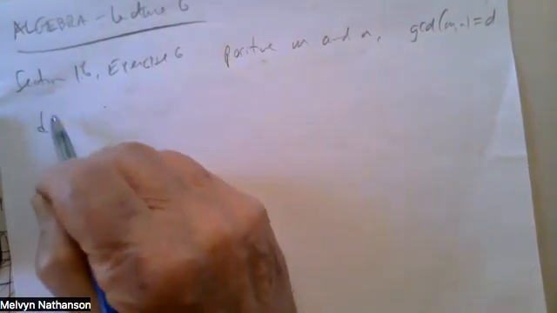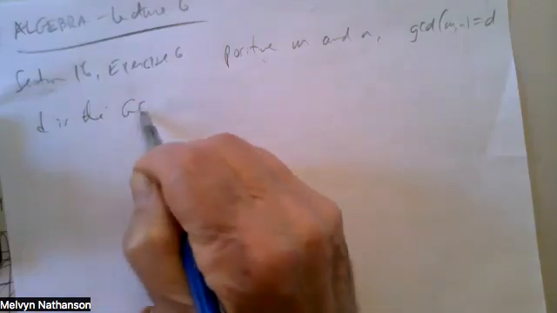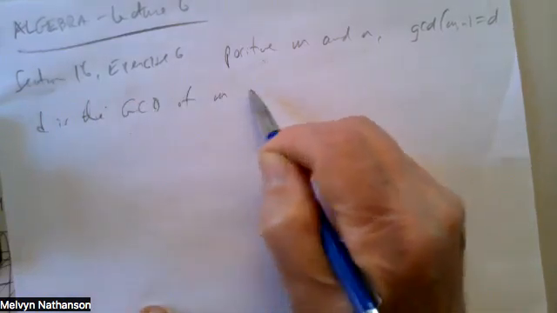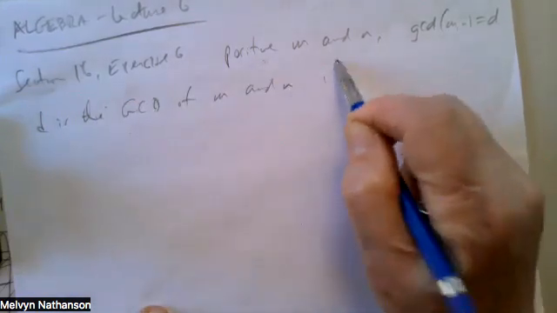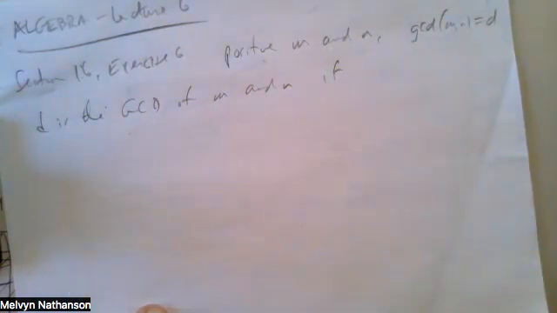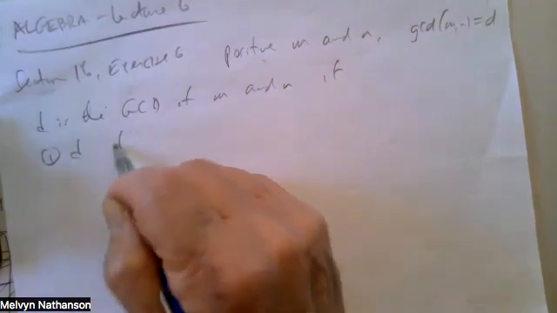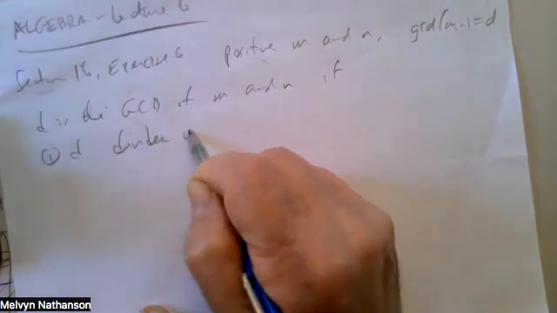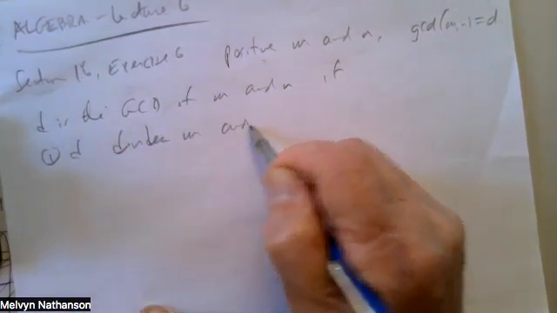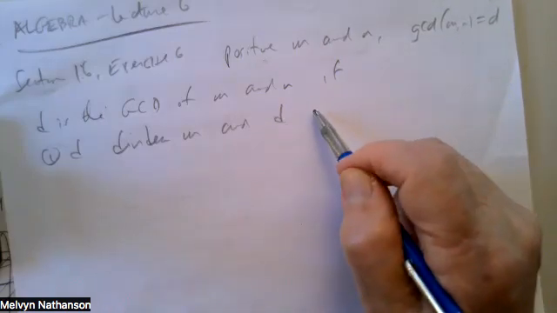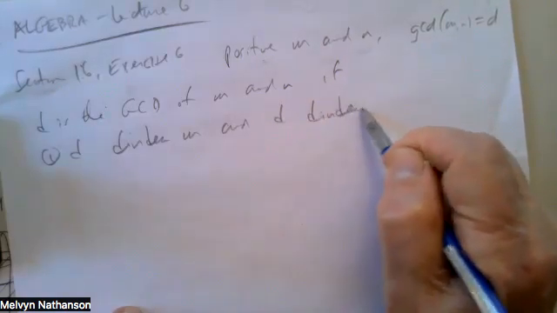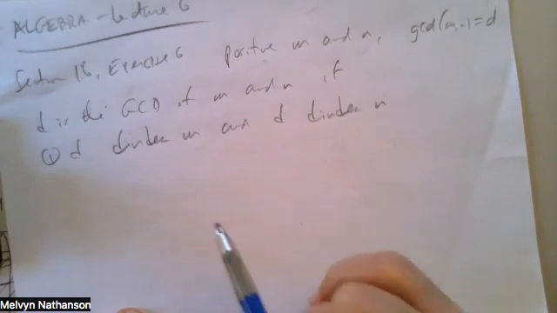So D is the GCD of m and n if it satisfies two conditions. First, D divides m and D divides n.